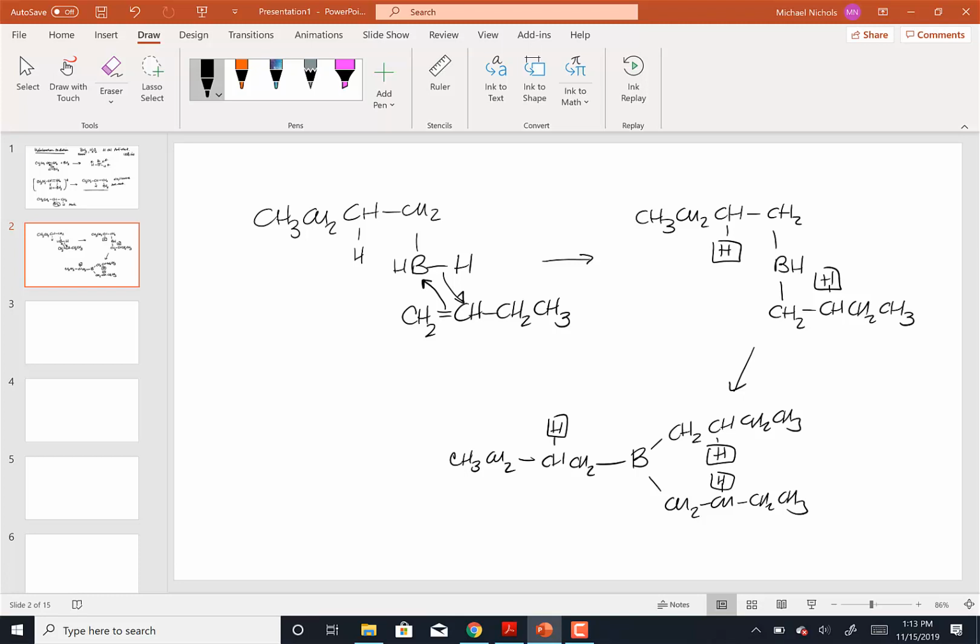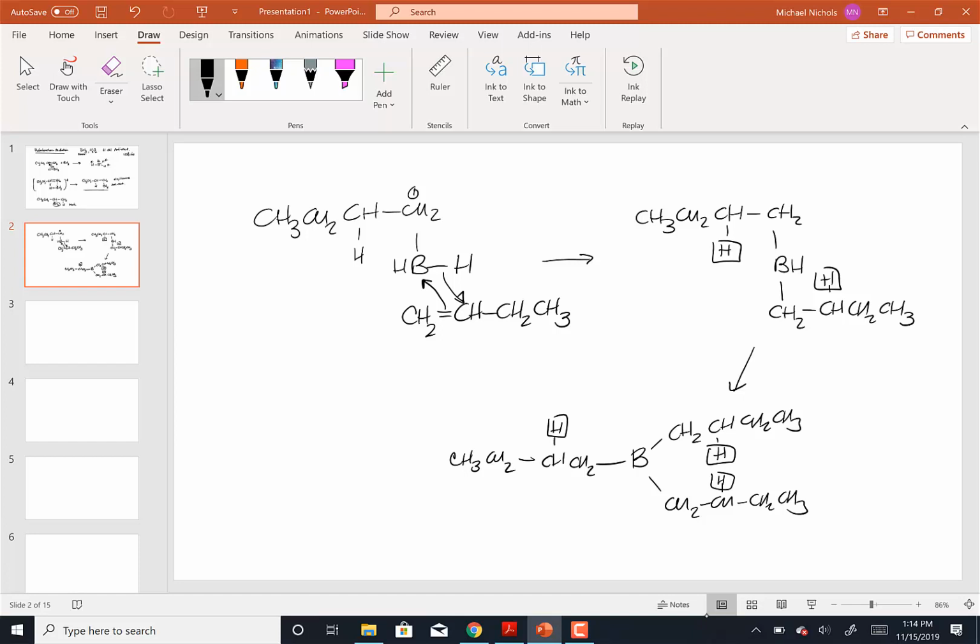So now if I made the argument that it is less sterically hindered to add to carbon 1 up here versus adding to carbon 2 in the double bond, you can see that it's not just a single addition. It's the putting 3 alkyl groups around that boron. So when you put 3 alkyl groups around the boron, it's less sterically hindered to have them attached to the least substituted carbon in the double bond.